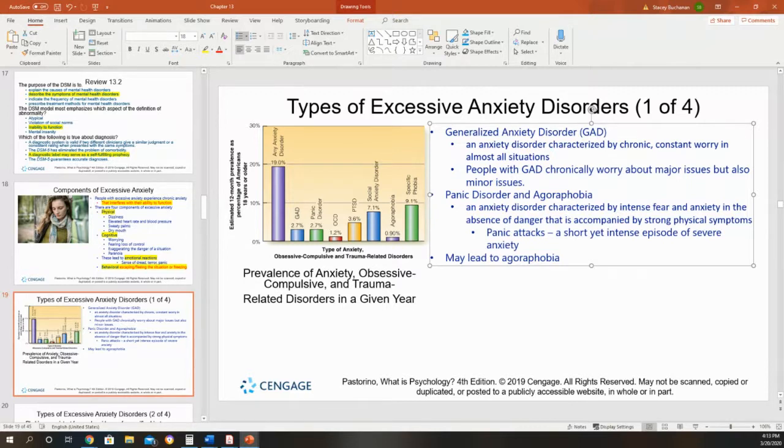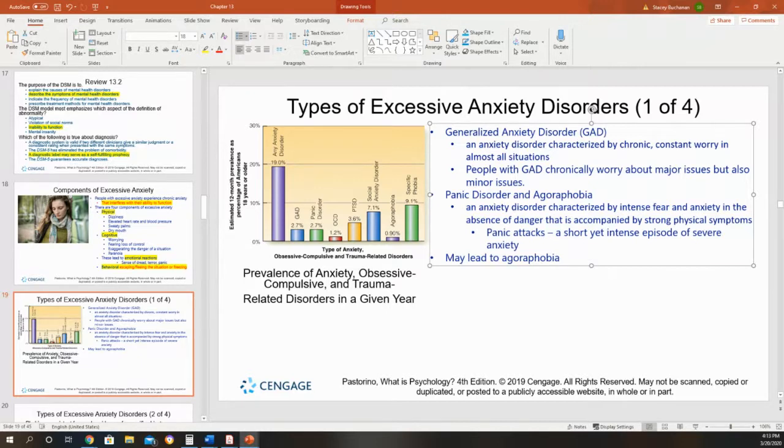So they unfortunately become a vicious cycle, because one is constantly worried about having a panic attack, which in turn can trigger them having an attack. So, yeah, about 1 to 5% of American adults will develop a panic disorder sometime in their lives. And it's actually 2 to 4 times more common in women compared to men.